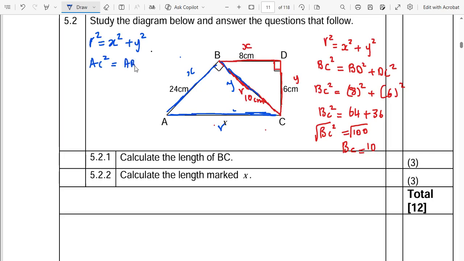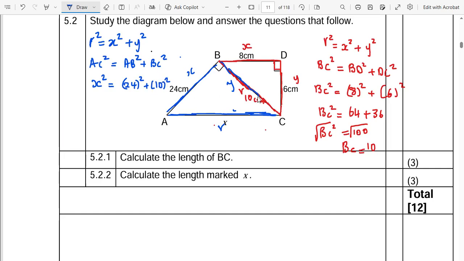So this will be AB squared. Then I'm going to add this with Y, which is BC. Then make sure that you substitute this correctly. AC, it's X, it's what we are looking for. So this will be X squared, and AB is given as 24. This will be 24 squared. I'm going to add this with BC, which is what we calculated as 10.